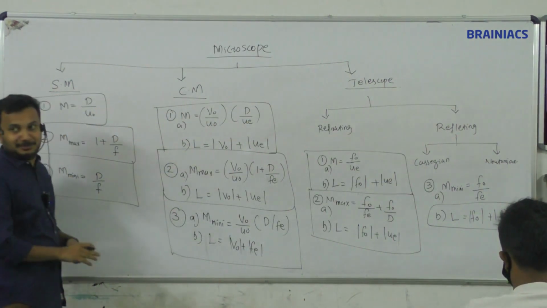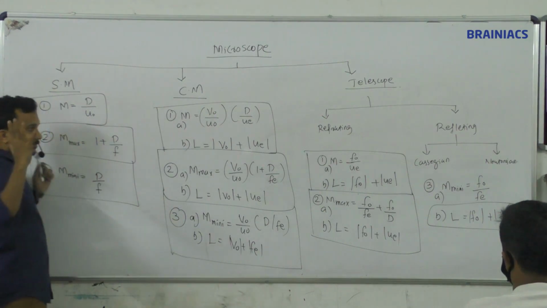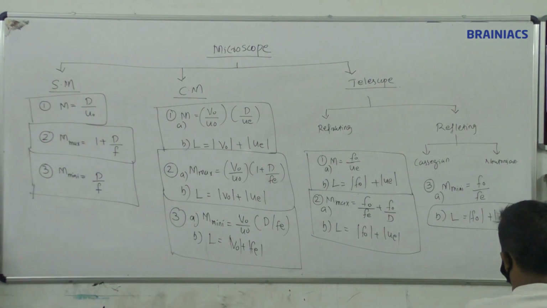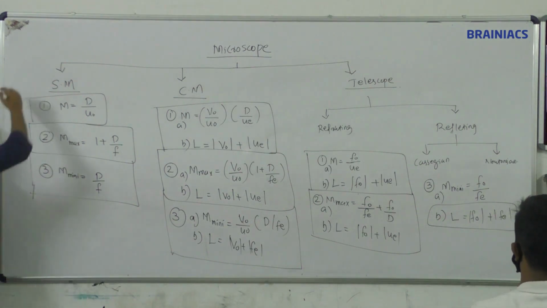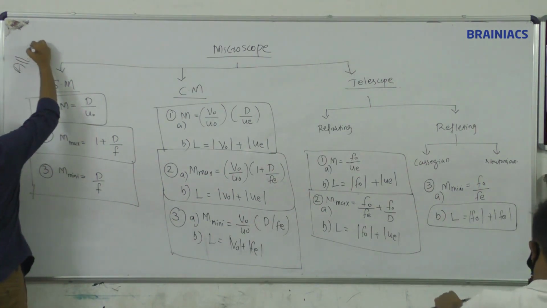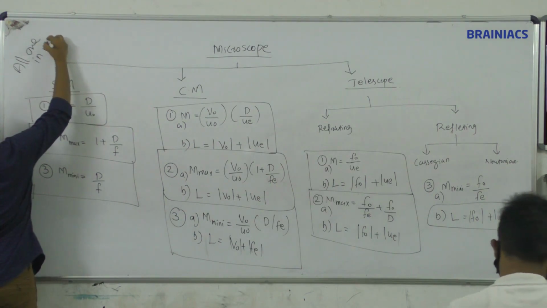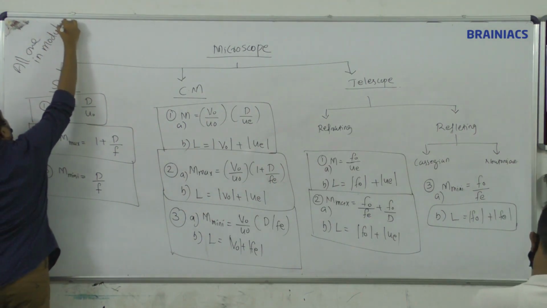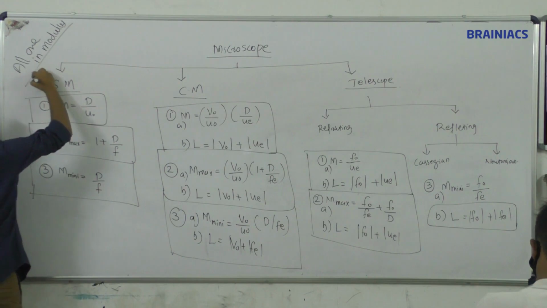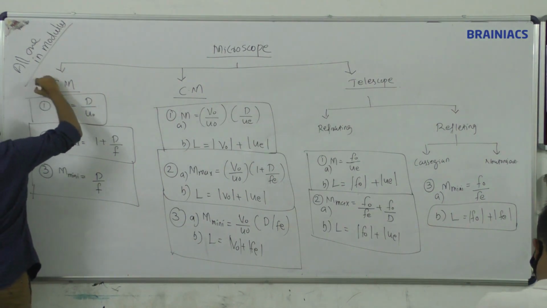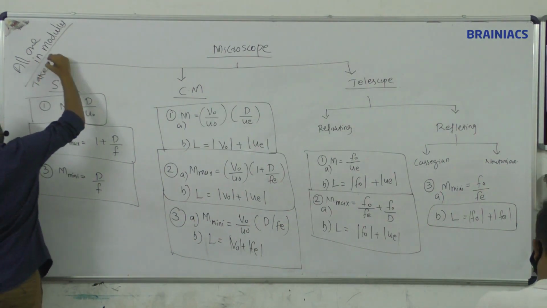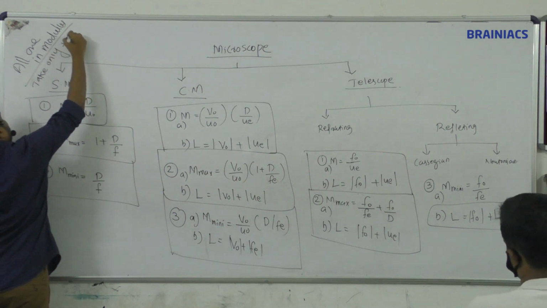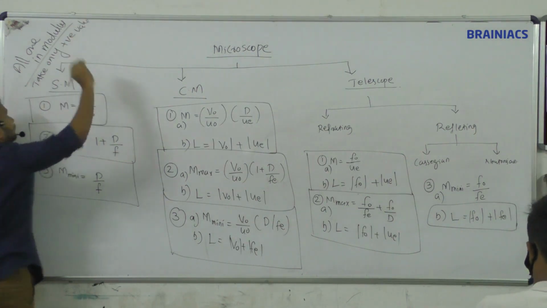Very complex. Everything is modulus in short, okay? Or you can write that all are positive, which means take only the positive value, right?